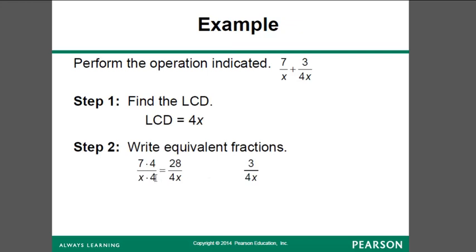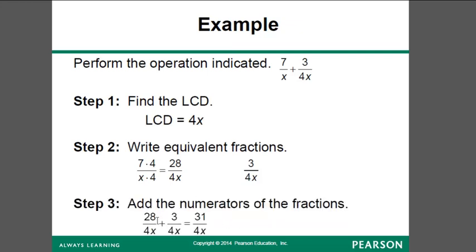Remember, whatever I do to the denominator, I do to the numerator, and I get 28 over 4x and 3 over 4x. I'm going to add the numerators, 28 plus 3, which gives me 31 over 4x.